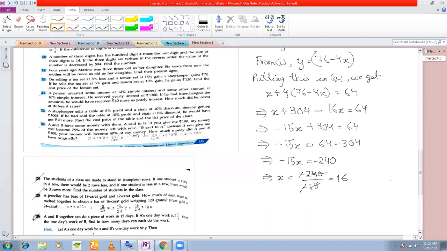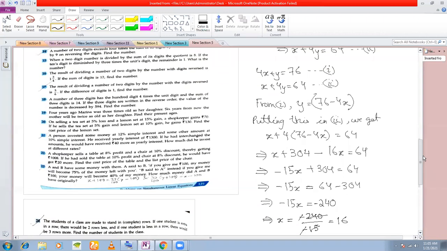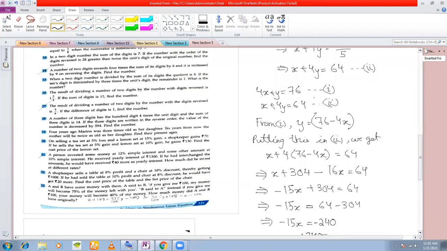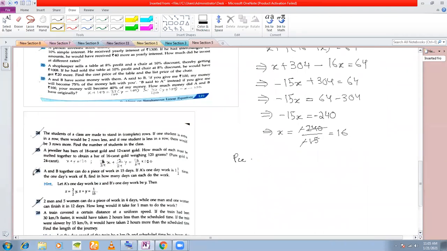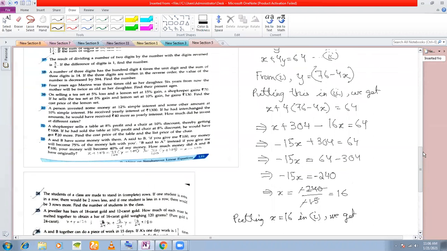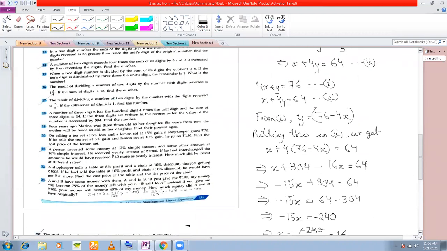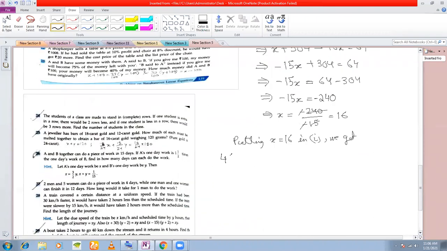So initially the man had 16 twenty-rupee notes, and now we need to solve for y. You can put the value of x in either 1 or 2. Let us put it in 1. Putting x is equal to 16 in 1, we get 4x plus y is equal to 76.